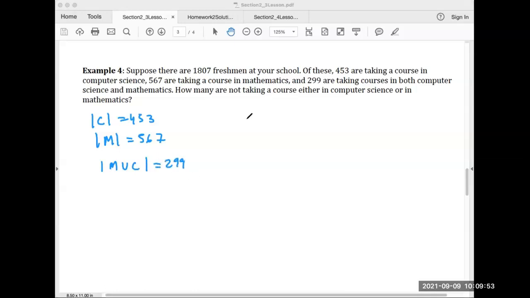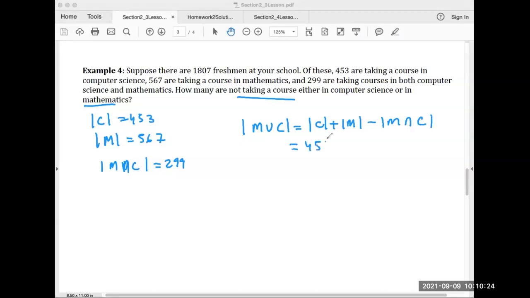Let's look at how many are not taking a course either in computer science or in math. Okay, so let's figure out the union of these. This is the intersection, right? So the union is going to be C plus M minus the overlap.